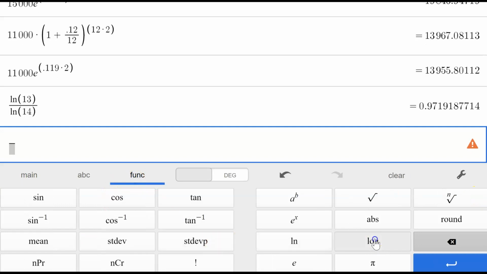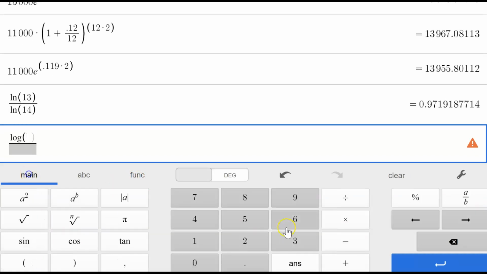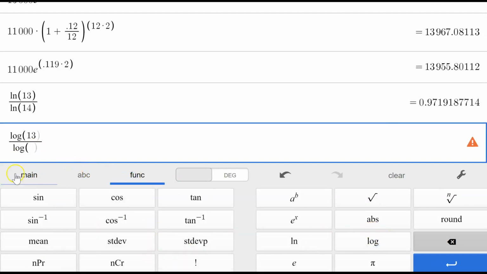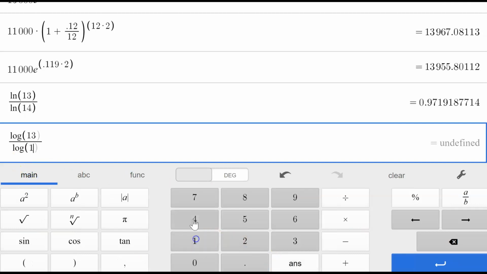You have log of 13 divided by log of 14, and you get that same value. So it doesn't matter which base you use, either the natural logarithm or the common logarithm, you arrive at the same answer. Round to 4 decimal places, so make sure you know how to round off.